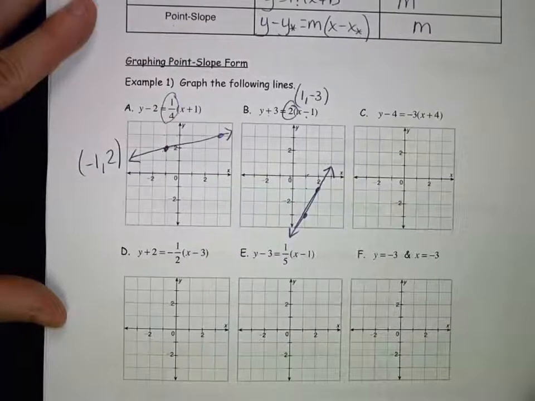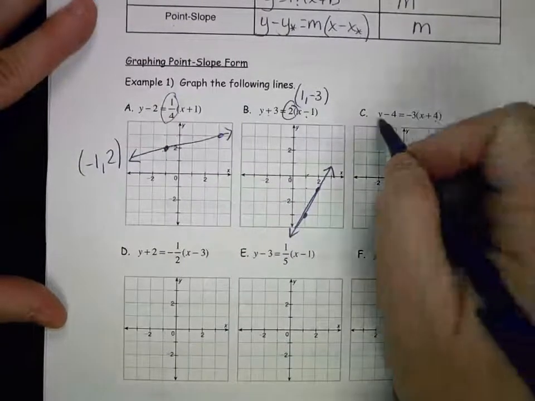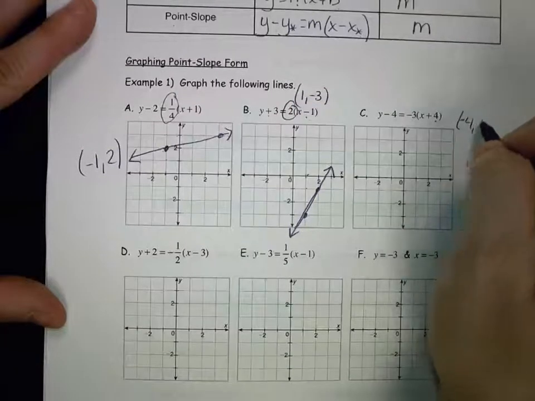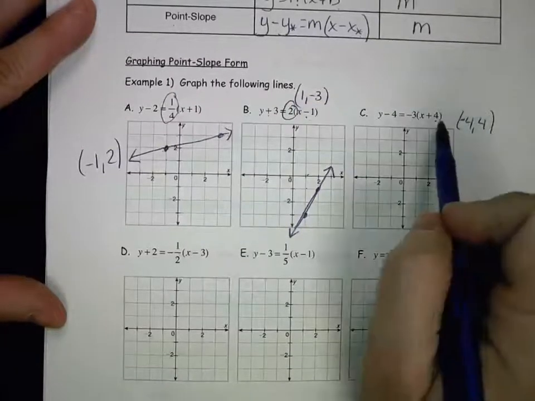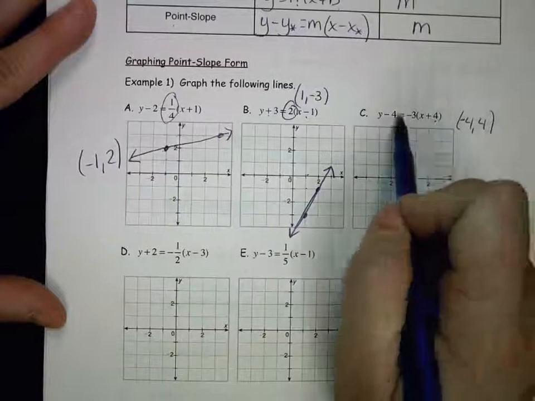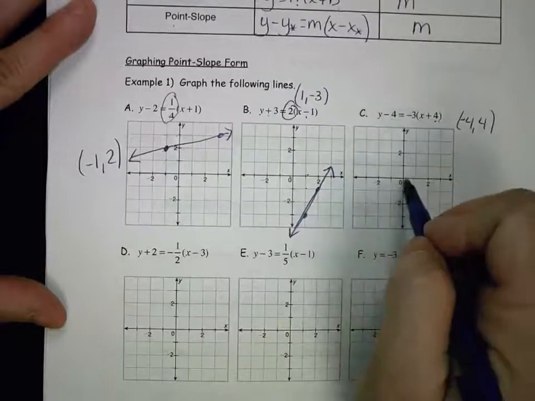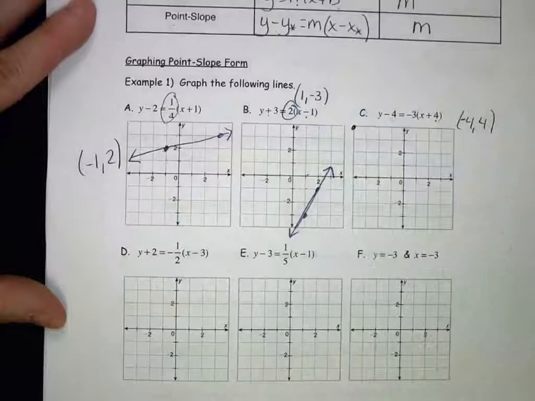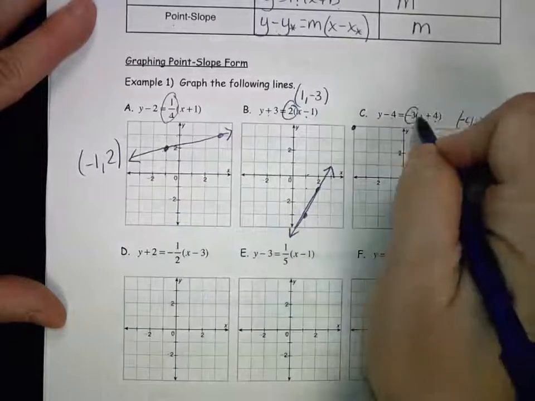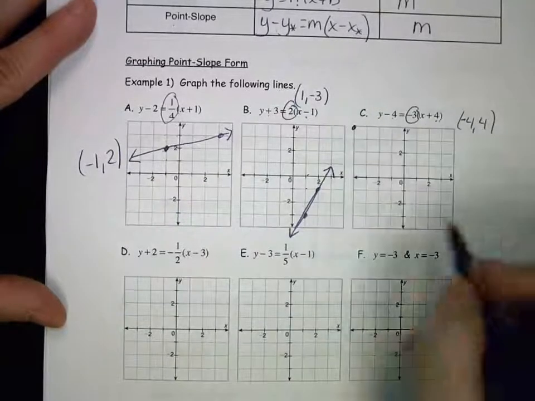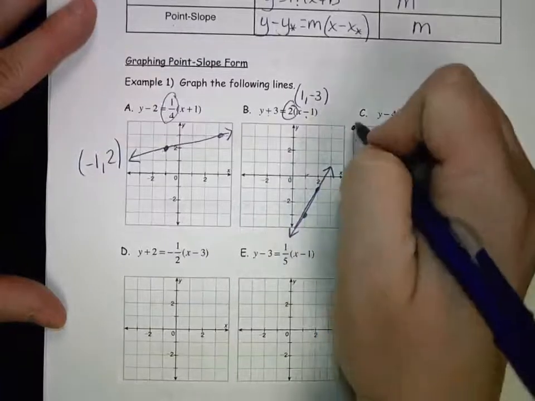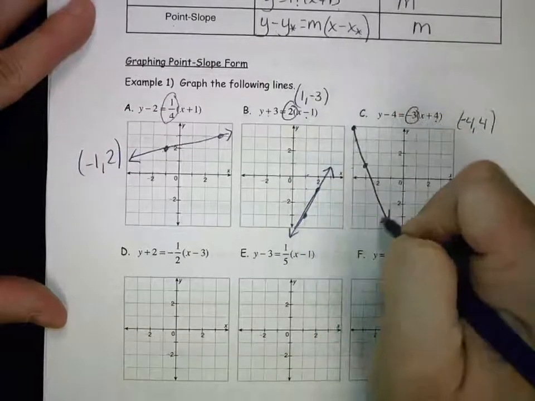Letter C, to get our point, we do opposite and opposite. So how about negative 4, 4, the opposite of that one and the opposite of this one. Negative 4, 4 is our point. And now our slope right here is negative 3. So you go down 3 and 1 to the right.